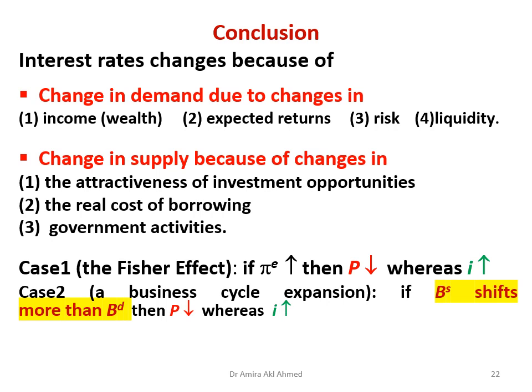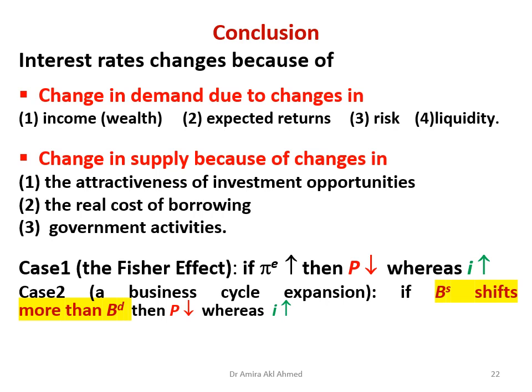Moreover, we have studied two applications to investigate the response of the bond market to an increase in the expected inflation and to a business cycle expansion. The first case shows that, other things remaining the same, a rise in the expected inflation rate results in a decline in the market clearing price of bonds and an increase in the market clearing interest rate.